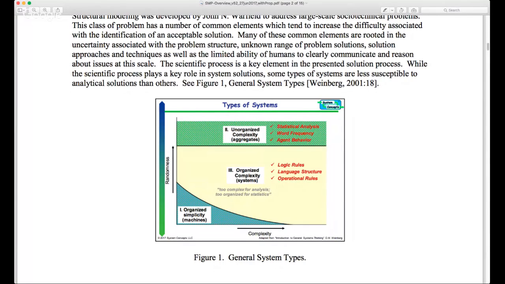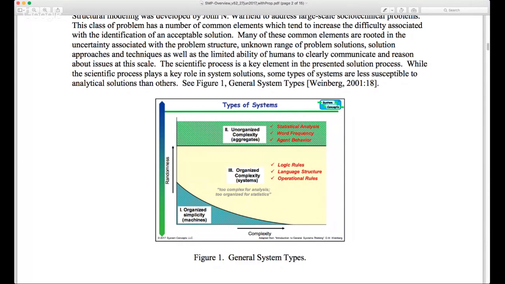So the question is, what do we do with it? In some cases, I believe the structure that we find in organized complexity areas can be addressed using techniques from organized simplicity or machines.